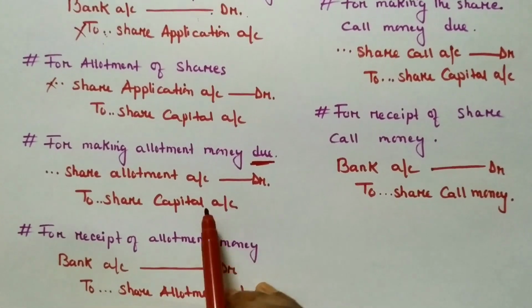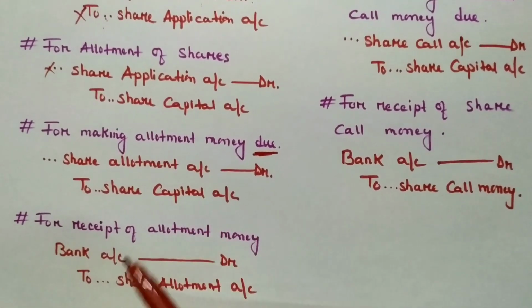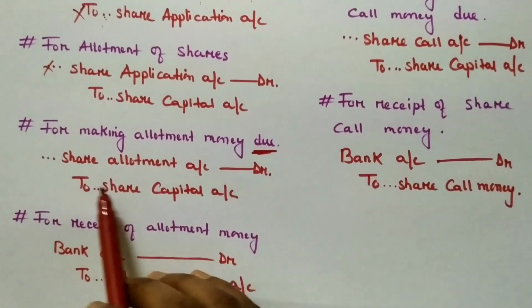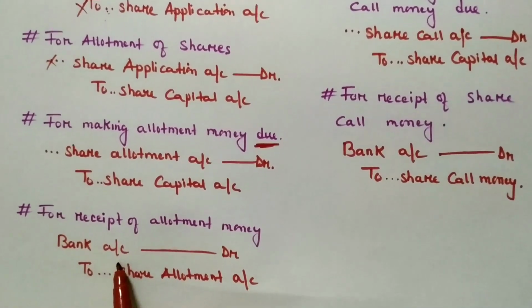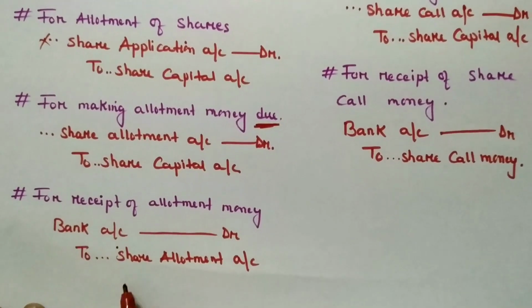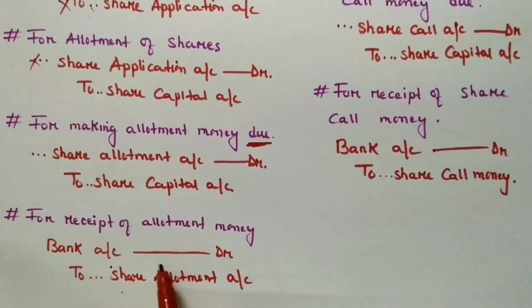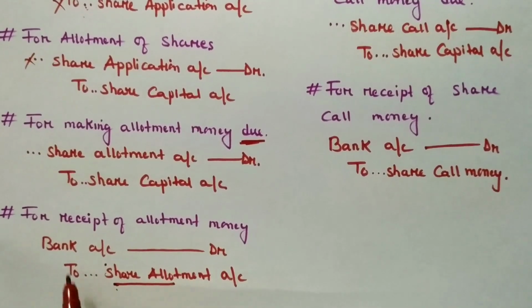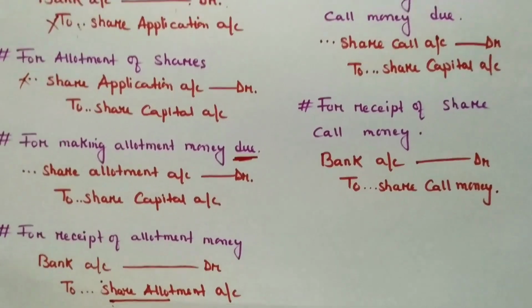Because it is a liability, and when a liability increases, it is credited. After the receipt of allotment money, bank is debited and share allotment account is credited. Why is bank debited? Because money is received against share allotment money. That is why bank is debited and share allotment account is credited.